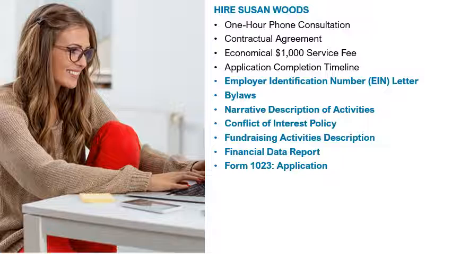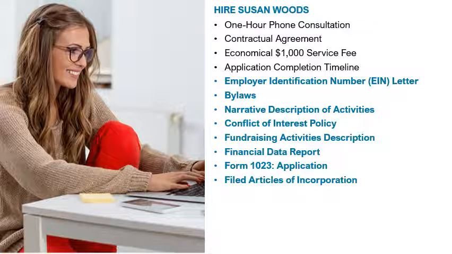This application also requires that we include all of the documents that I have listed above: the employer identification number letter, the bylaws, the narrative description of activities, the conflict of interest policy, the fundraising activities description, the financial data report. All of those documents go along with the Form 1023 application for recognition of exemption as attachments, which is why I describe the application packet as a packet, because it includes different documents.